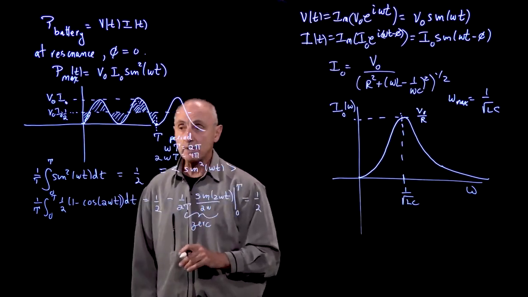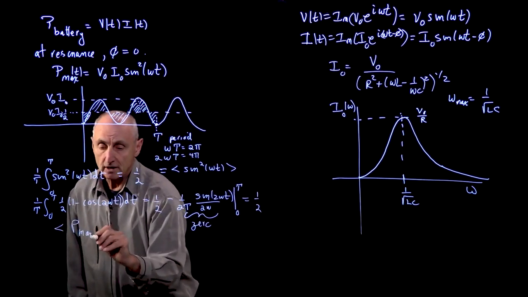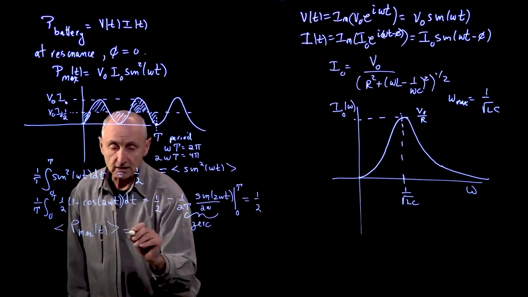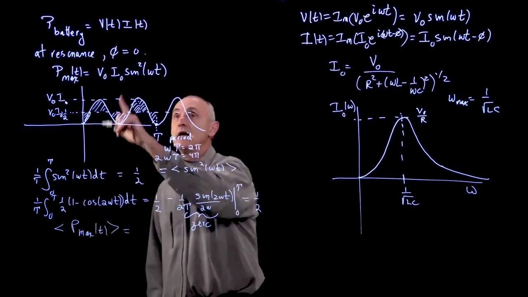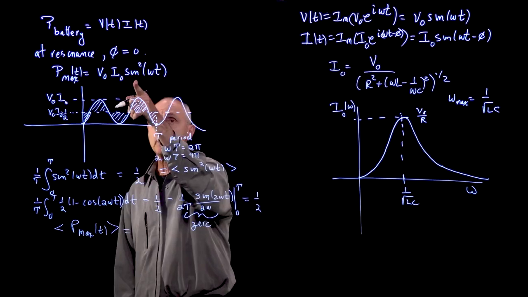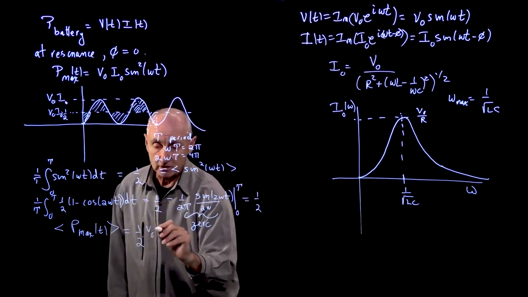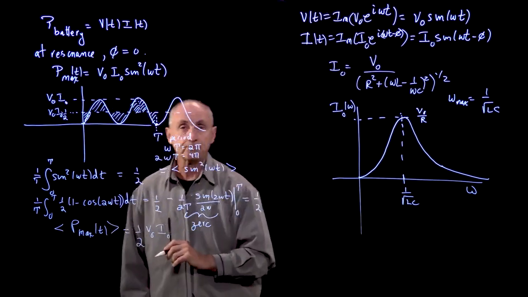So now let's time average the power delivered, the maximum power, time averaged, delivered at resonance. And so what we're getting here is simply that the sine squared gives a factor of 1/2. So we have 1/2 V naught I naught.